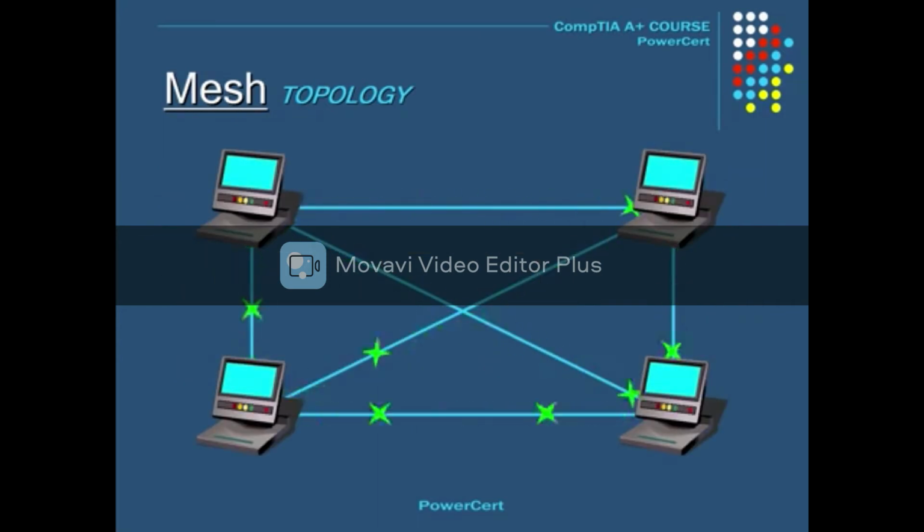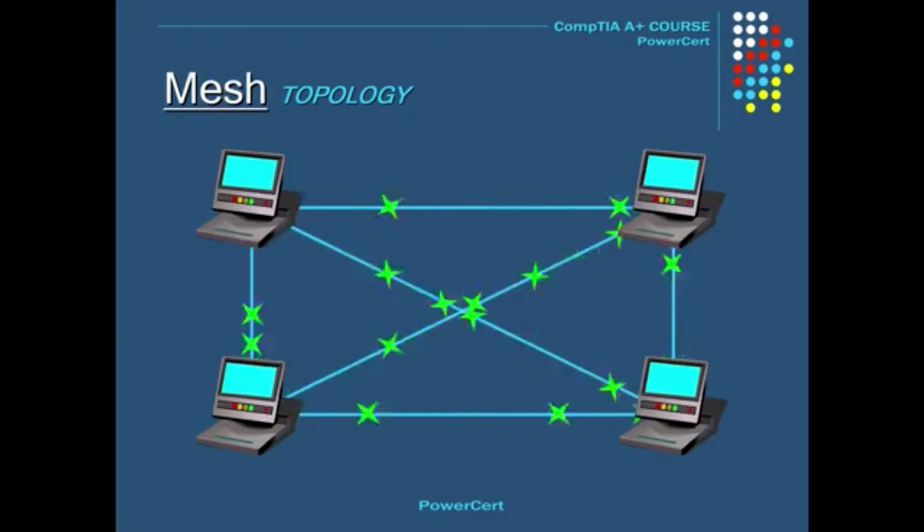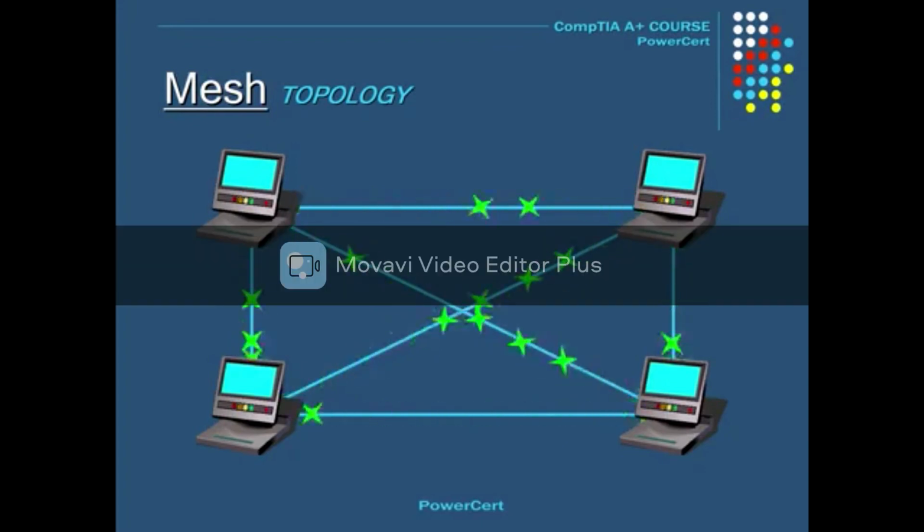In a mesh topology, each computer on the network connects to every other computer or device on the network. So by having so many connections, it handles failure very well. In this illustration, there are 4 computers with 3 connections on each computer, which makes a total of 12 connections for this network.